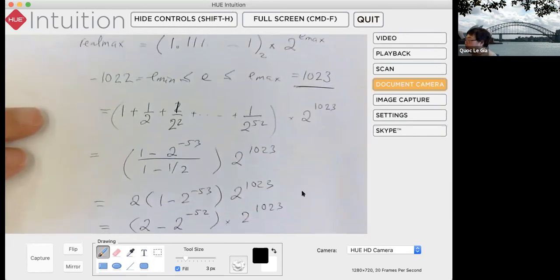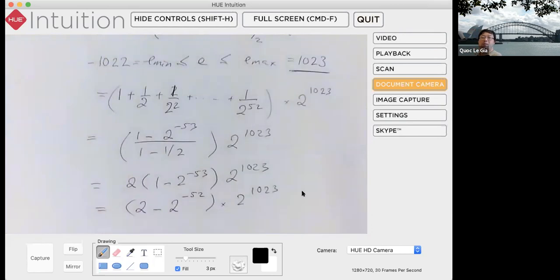Okay, so now I want to put this number into MATLAB and see what I get. Suppose you remember the formula already. So let me put it into MATLAB and evaluate this number.